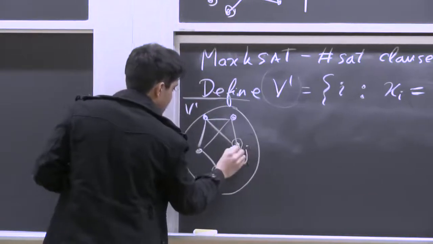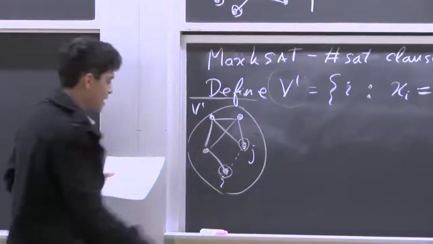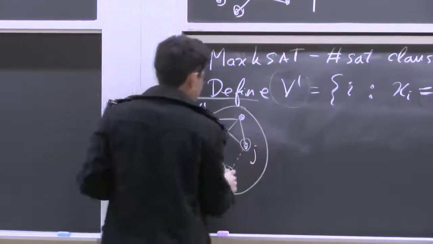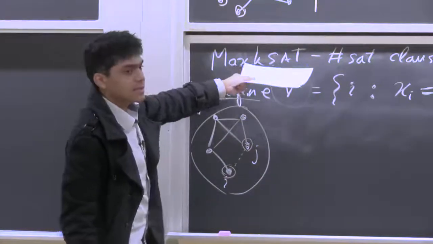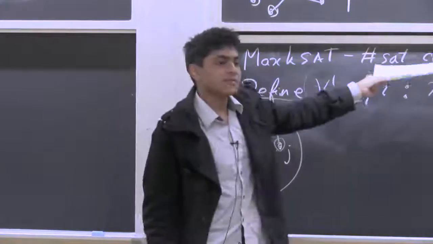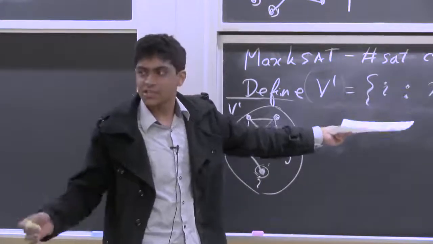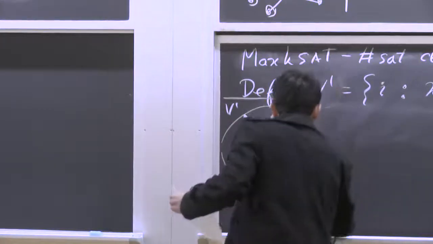So let's take one such pair, and let's just remove xi. We take xi and remove it from v dash, and what that equates to in the max k sat is setting xi to 0. So we take the original satisfying assignment and change the value of xi. Let's see what that does.